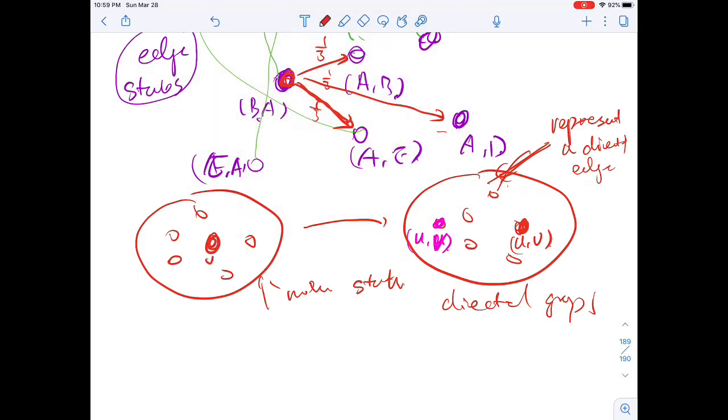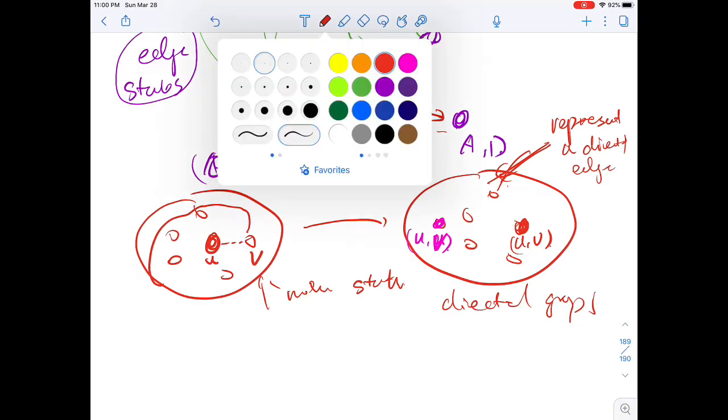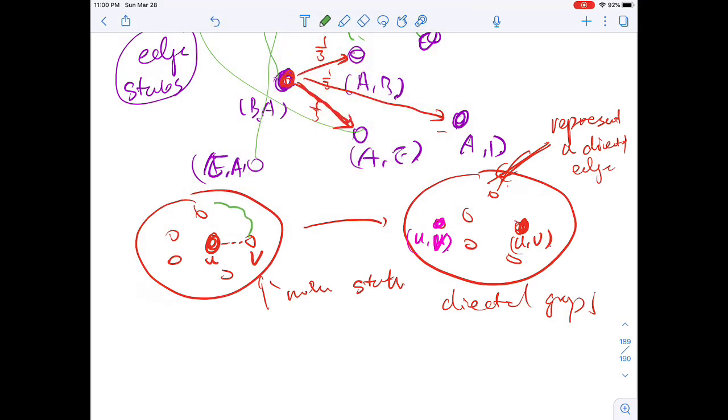Let's say this is U and this is V, and there's an edge here. We're looking for a random walk that moves from V to U, then U to V. Let's do a mathematical exercise.